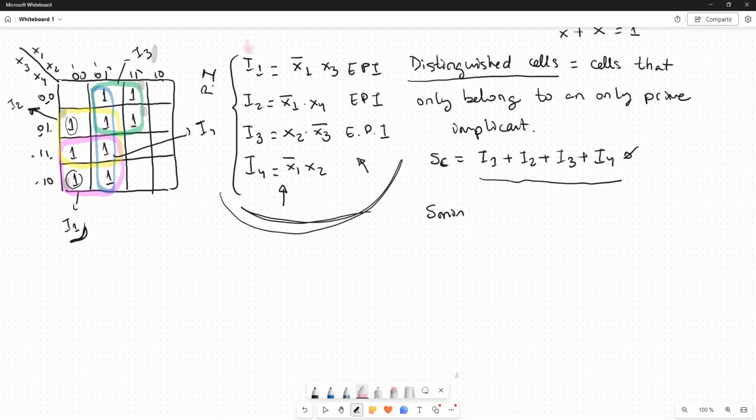Implicant 1 is here, and with implicant 1 we are covering all these ones. We start always with the essential prime implicants. So implicant 2 is covering all these ones.